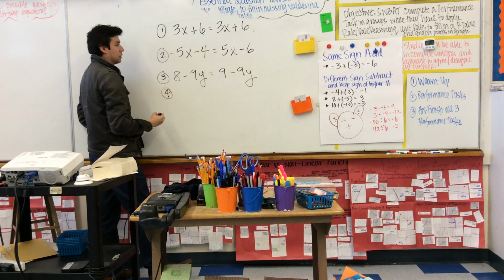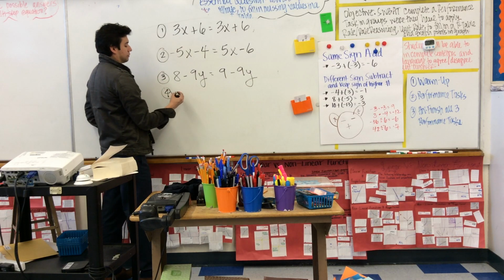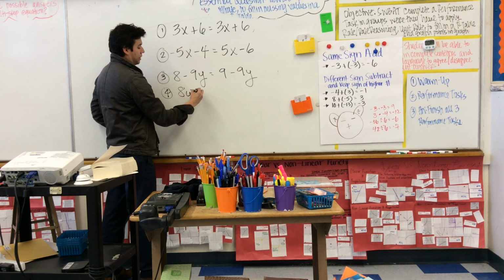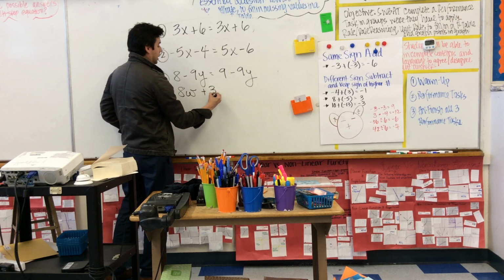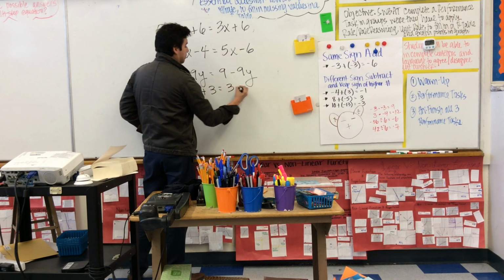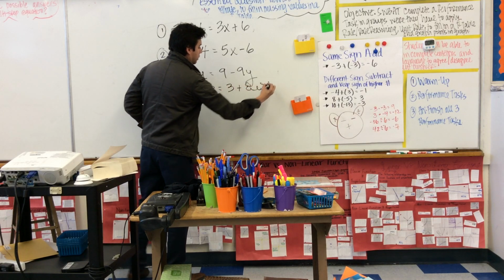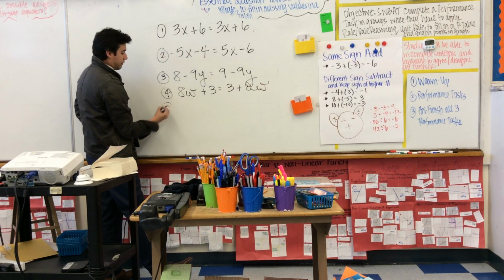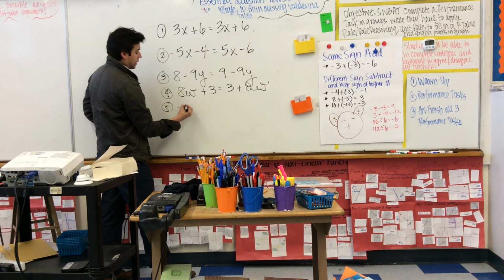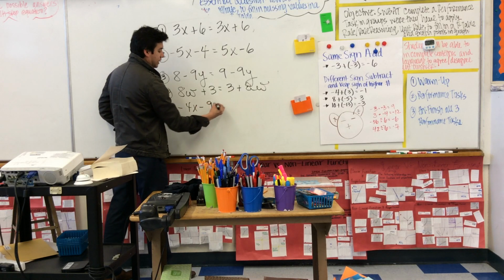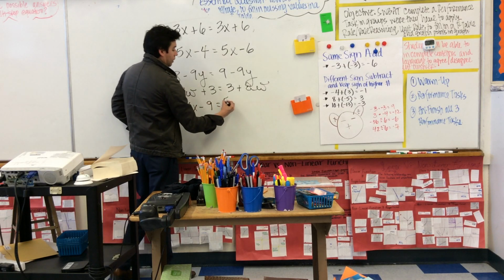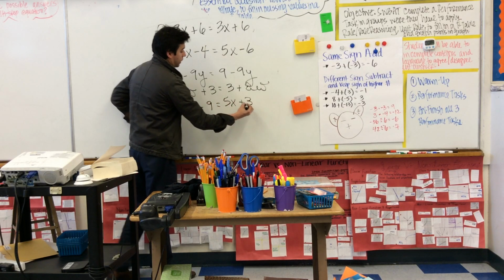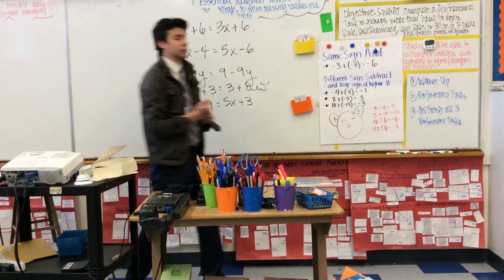Number 4, 8w plus 3 equals 3 plus 8w. 5, let's give you guys negative 4x minus 9 equals 5x plus 3.